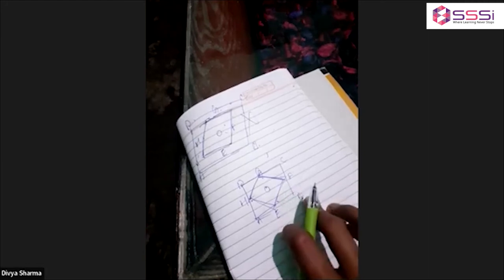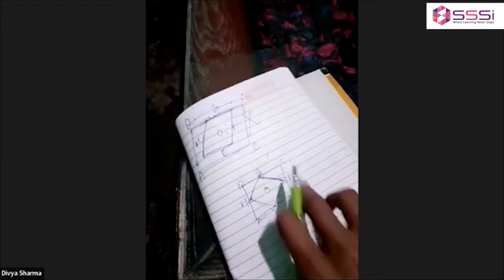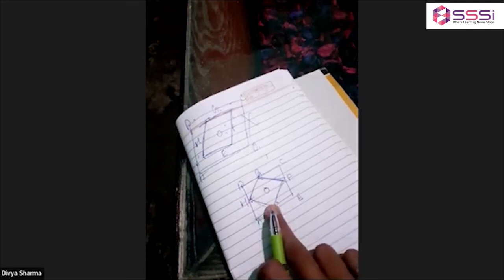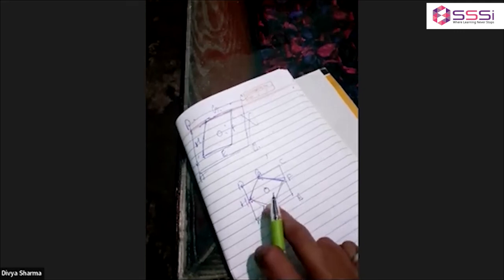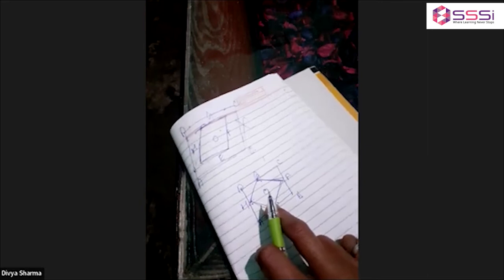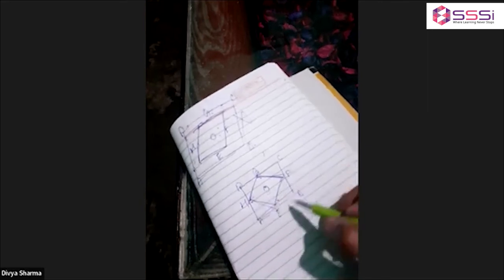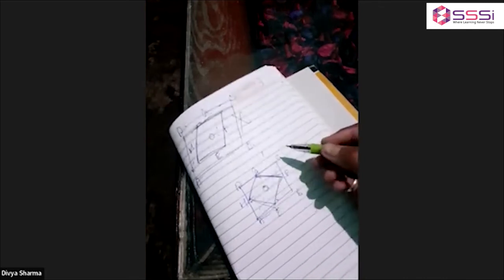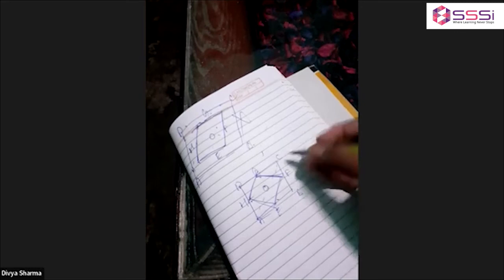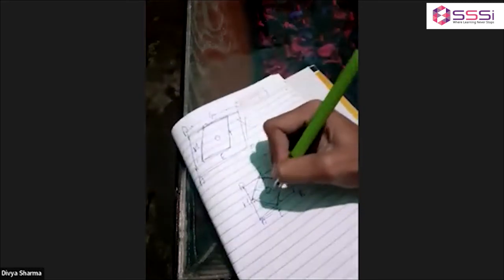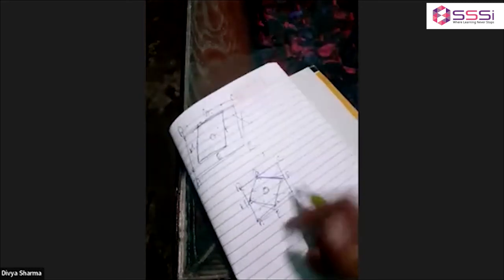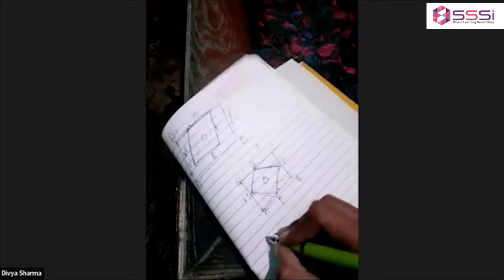So firstly, how can we prove that the quadrilateral inscribed in a square is a square? Firstly, we will take the triangle ABC. We will draw the diagonals from here so that we can divide it. Firstly, draw the diagonals.